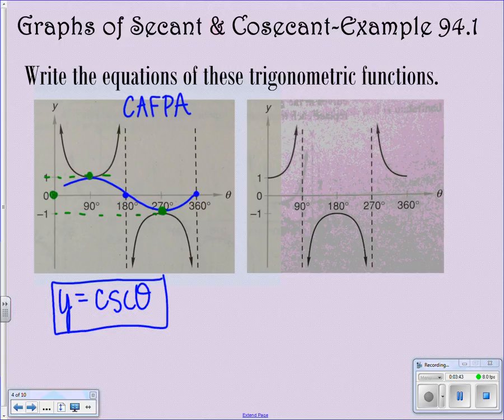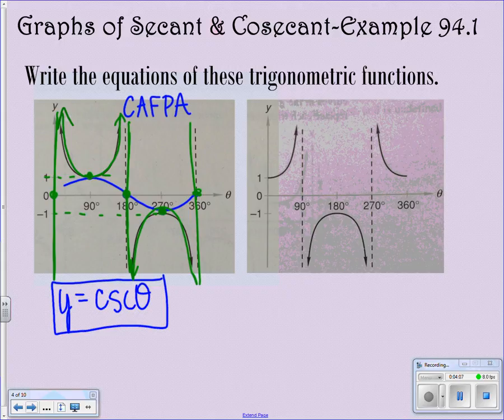Now at these points, the reciprocal of 0 is undefined, and so that's why they have these asymptotes. And you have an asymptote here. And then in between your asymptotes, you approach the asymptote, go through your dot, and then approach the asymptote again.